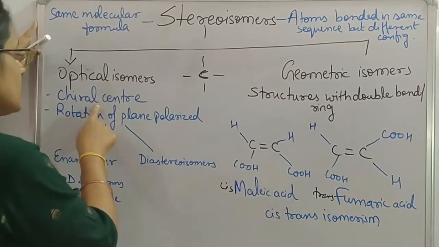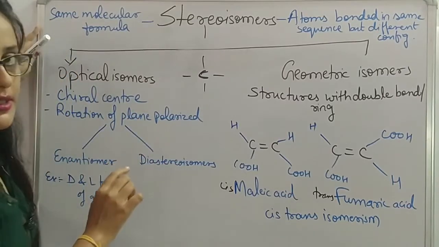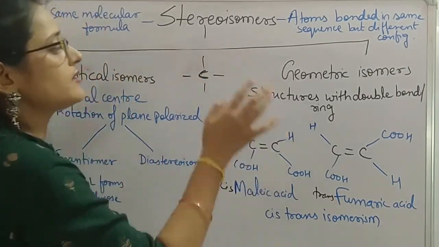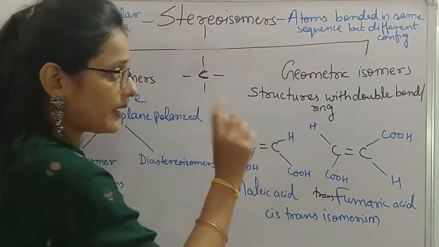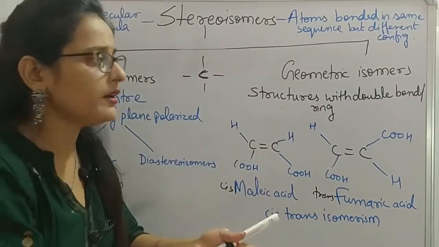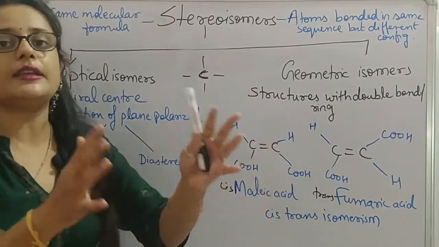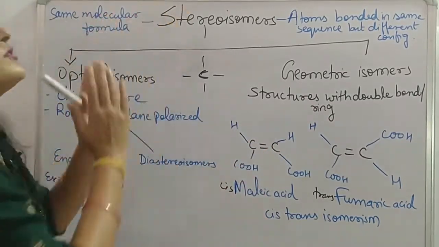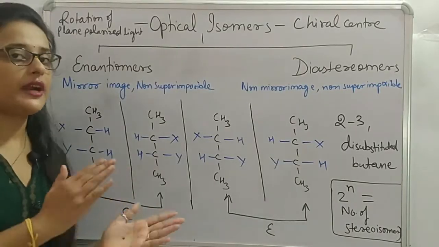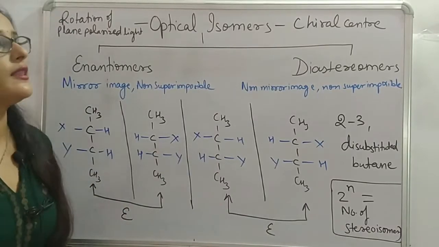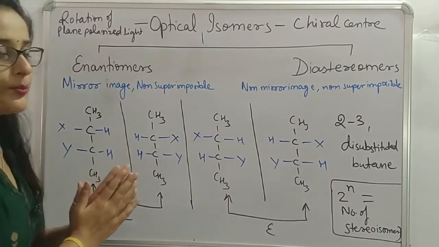And they have a chiral center and can rotate plane polarized light. Whereas geometrical isomers have either a carbon-carbon double bond or a ring structure. And basically, carbon-containing compounds exist in form of stereoisomers. So, optical isomers have chiral carbon atoms as well as they can rotate plane polarized light.